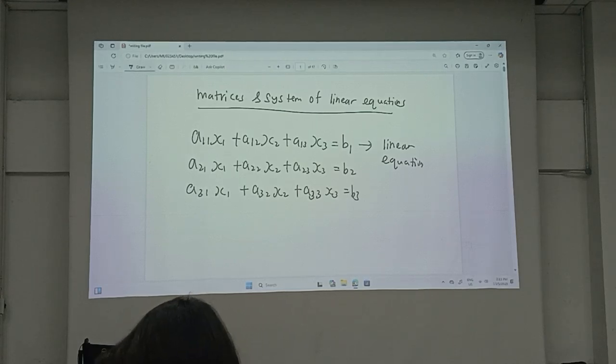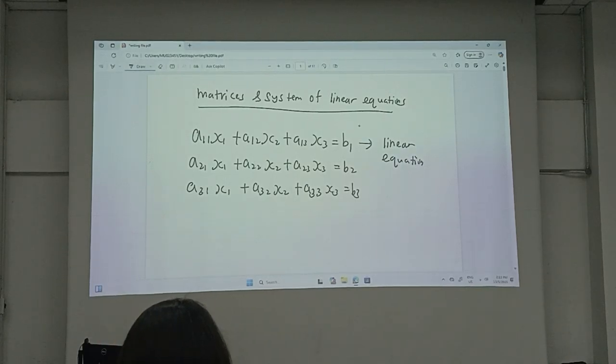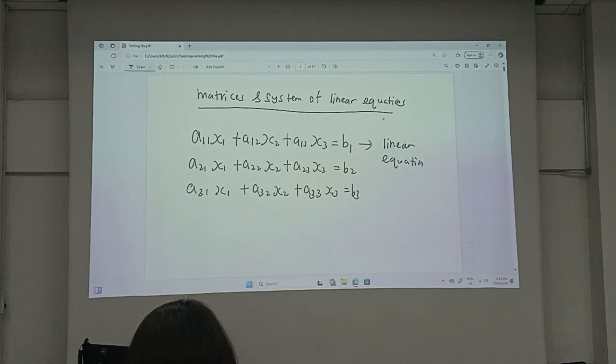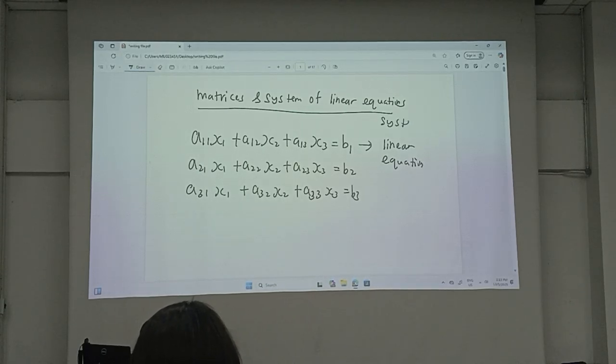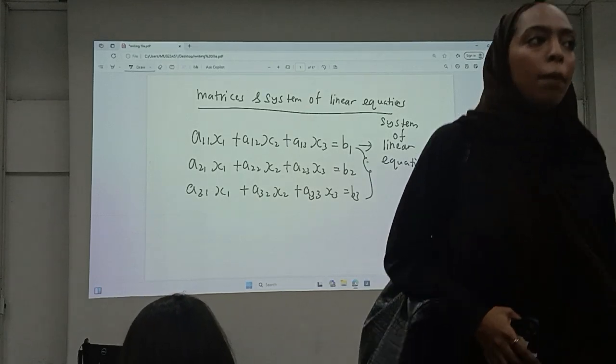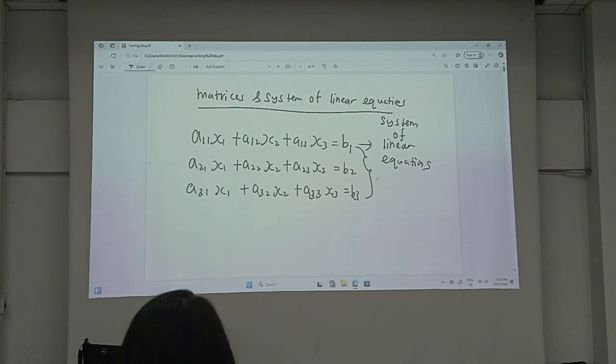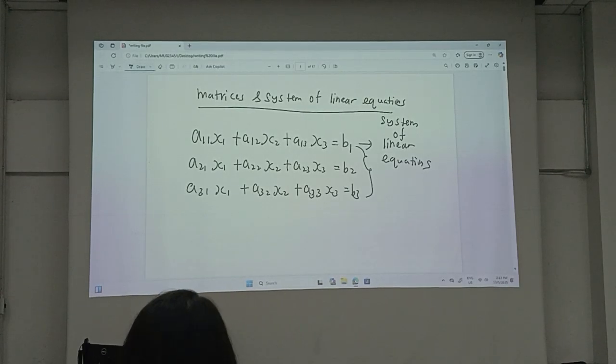So we need three equations here, and these three equations will form a system. We call this a system of linear equations. For this chapter, we're going to learn how to solve the system of linear equations by using different methods.